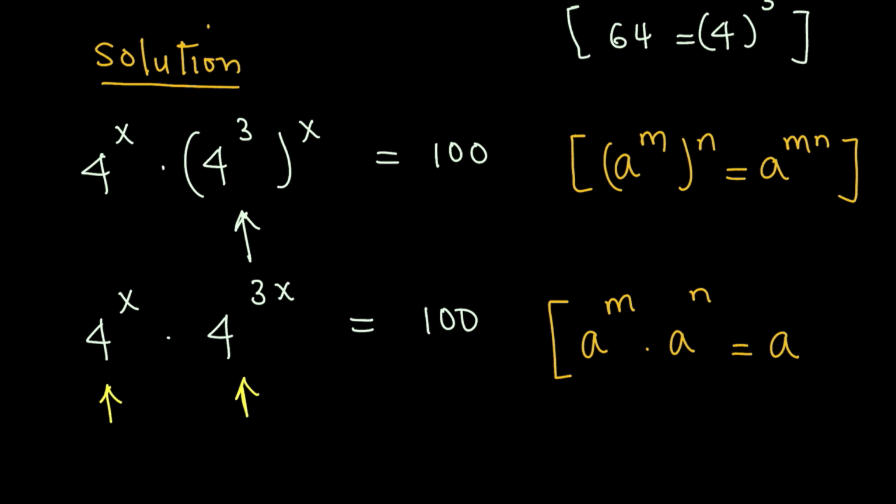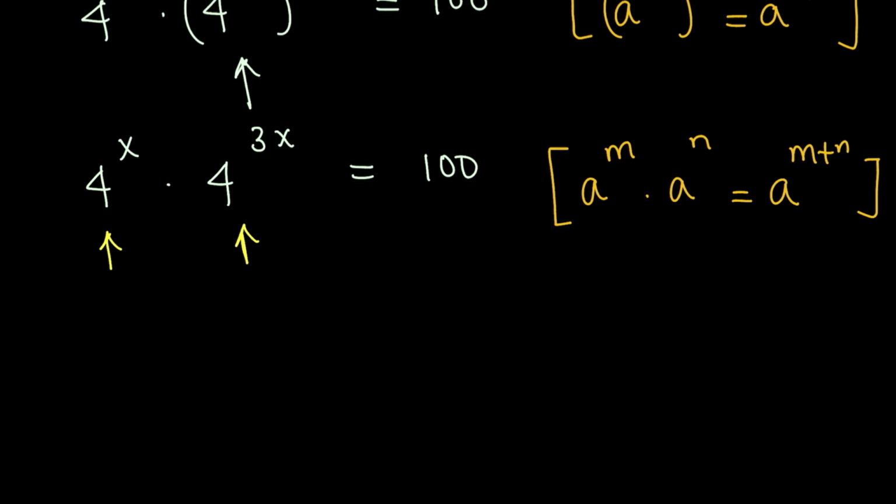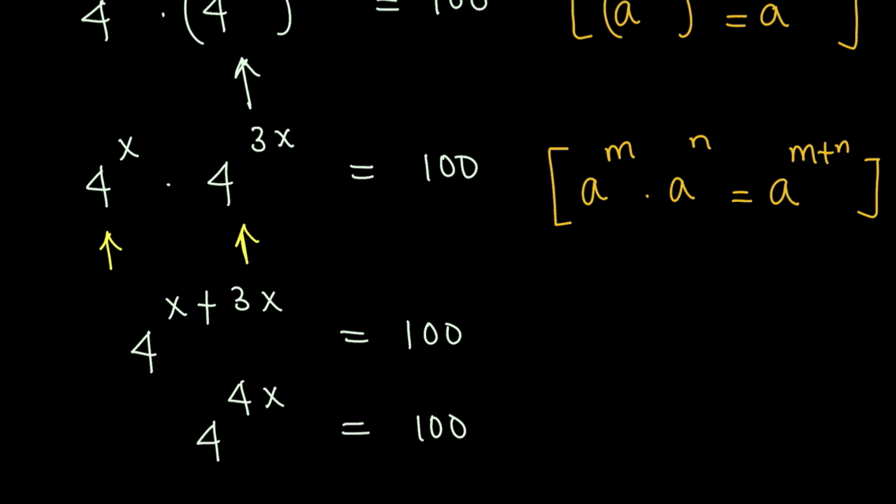You express them as a raised to power m plus n. We are now going to have 4 raised to power x plus 3x is equal to 100. This is 4 raised to power 4x is equal to 100.